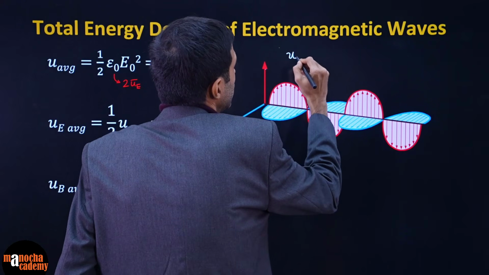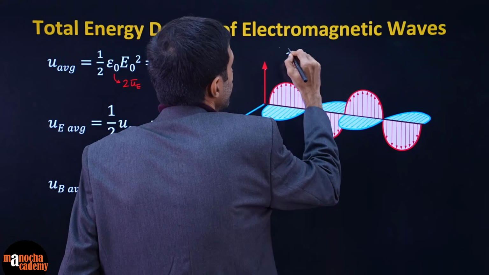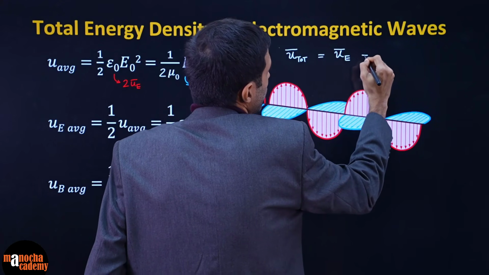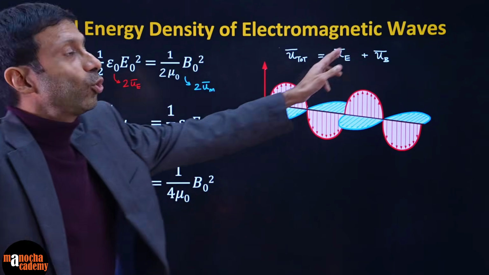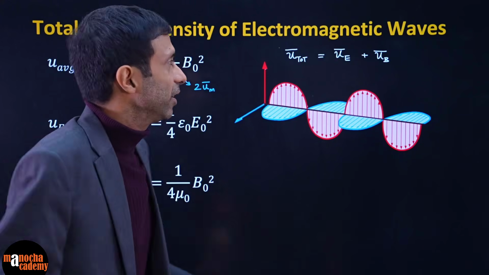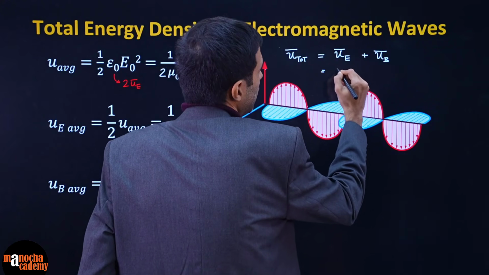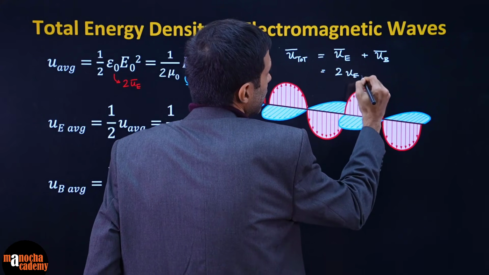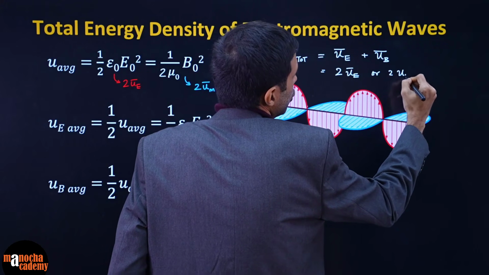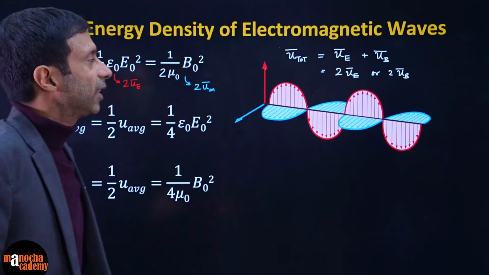The total average is going to be U electric plus U magnetic. But these two terms are equal, so you can take either one and multiply by 2. So this is basically 2 times U electric or 2 times UB. That's exactly what I'm showing here, nothing great.